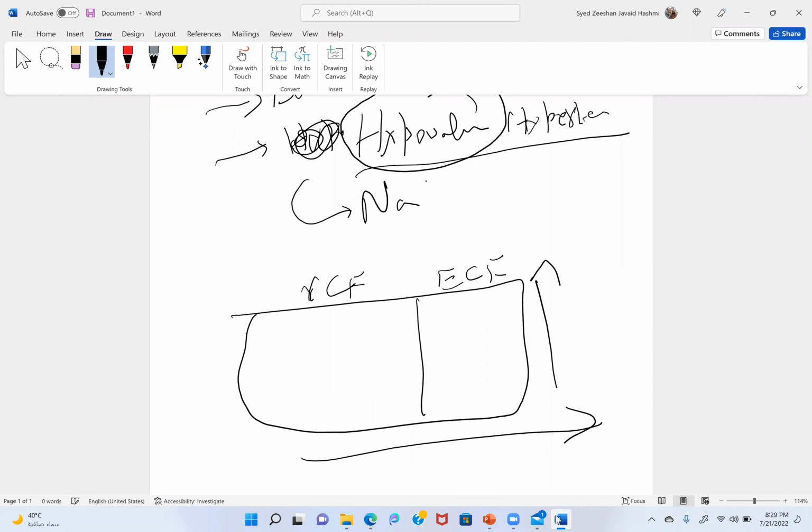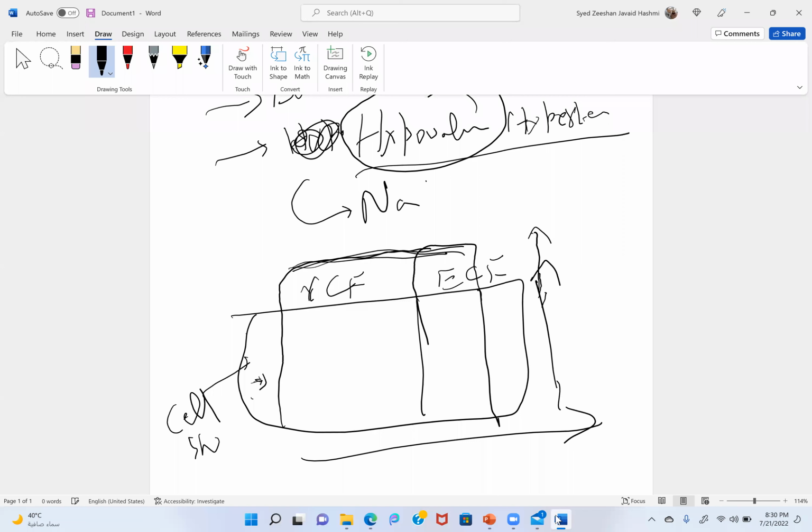Here the hypernatremia has occurred because of low volume, so the ICF volume will also be shrunken to maintain neutrality. That is cell shrinkage.